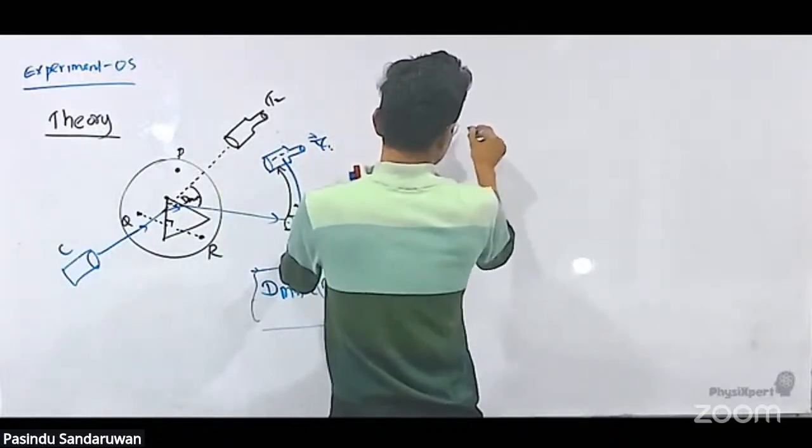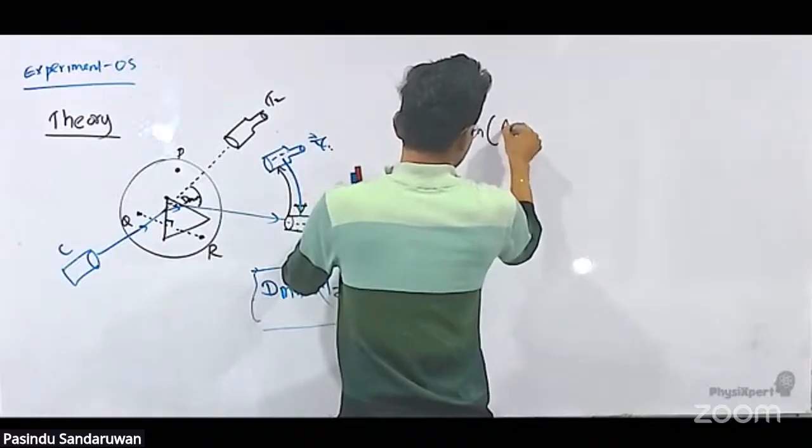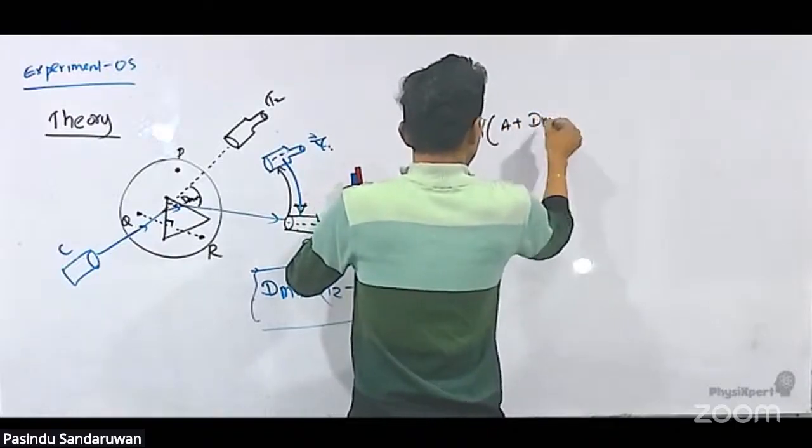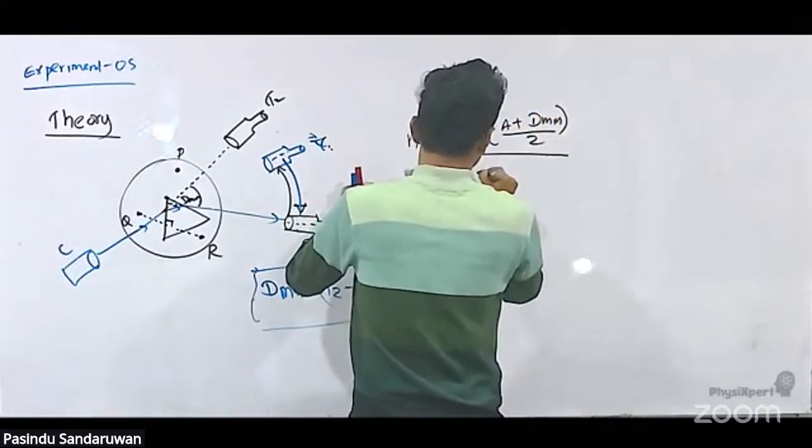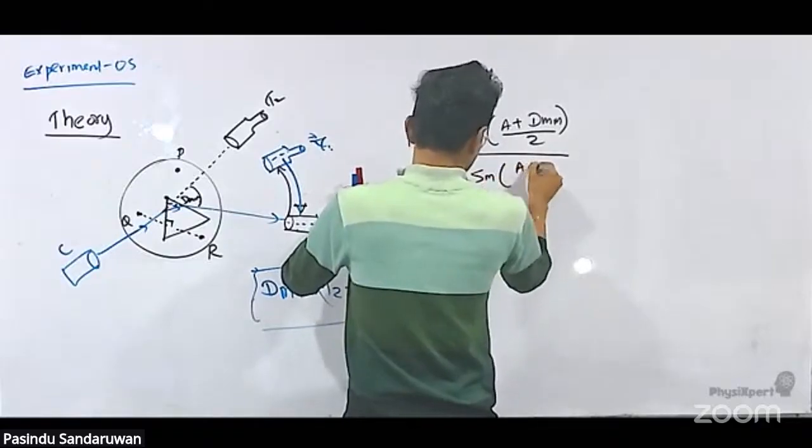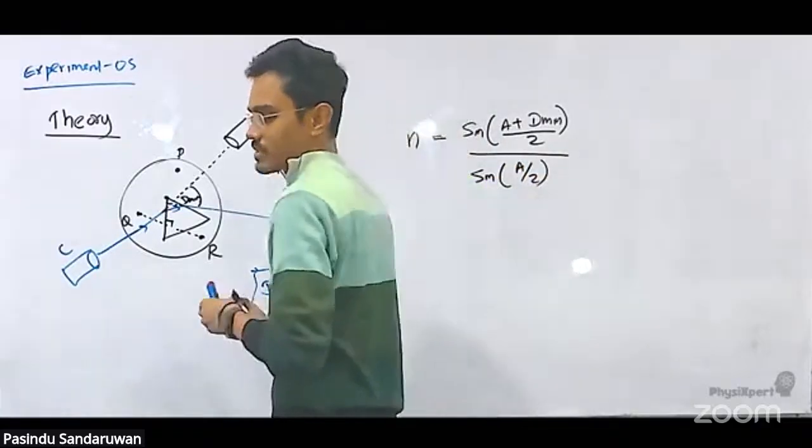Put a comma. n equals sine of (A plus dmin) over 2, over sine of A over 2. Write down.